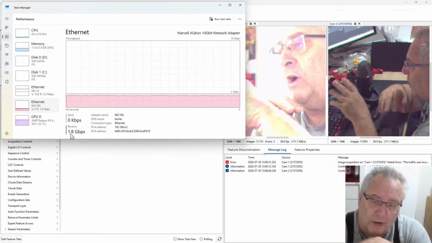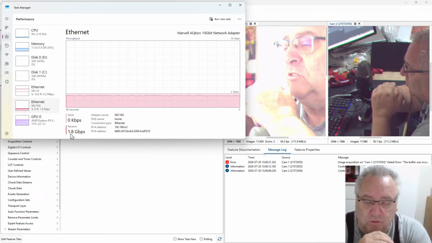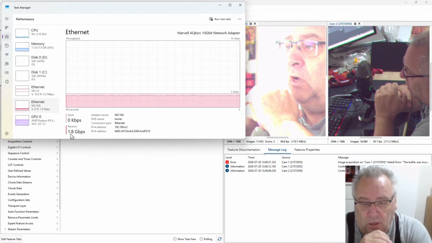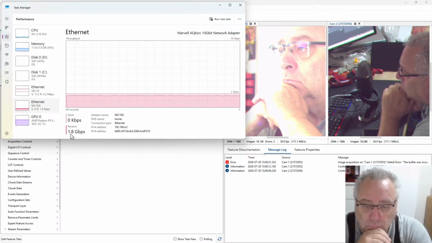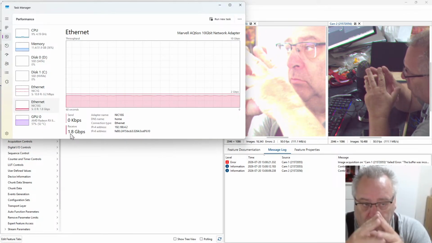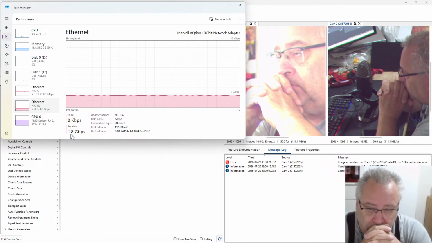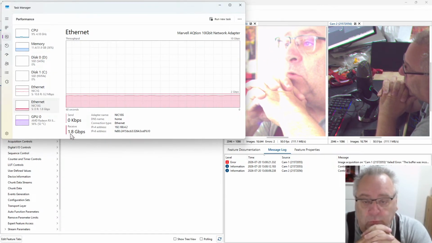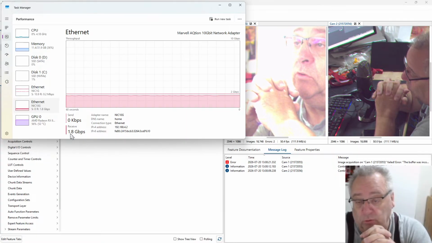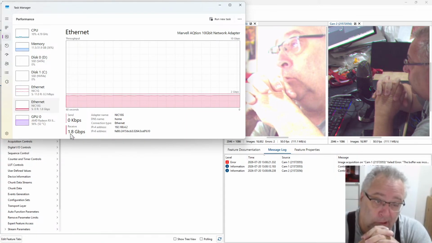So if you want to do this right, I need a 10 gig connection. The switch should handle 10, same as the network card. Then we can do 3 or 4. Actually, we can do 6, 8.